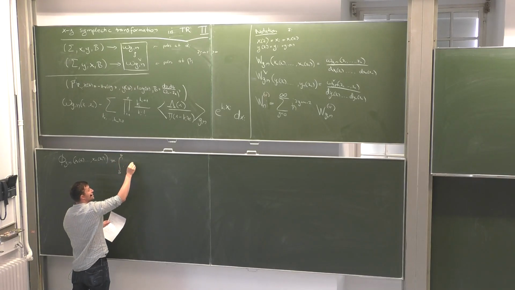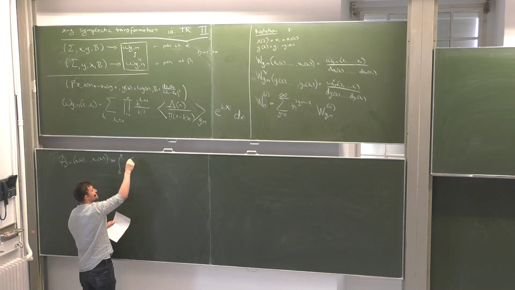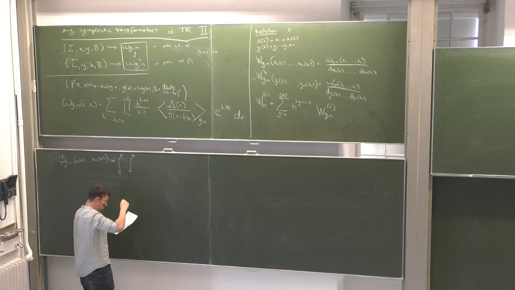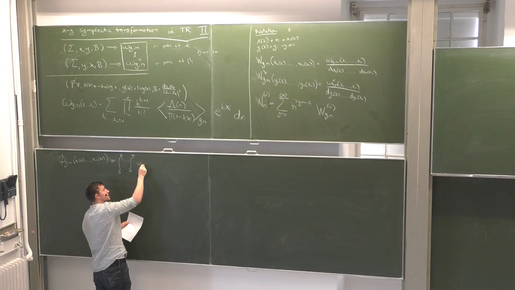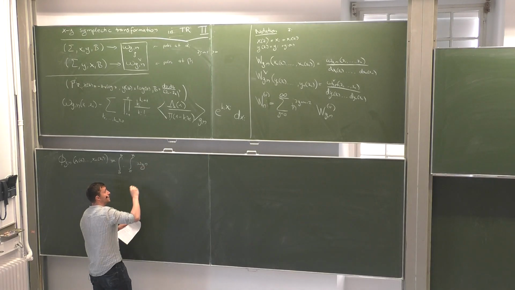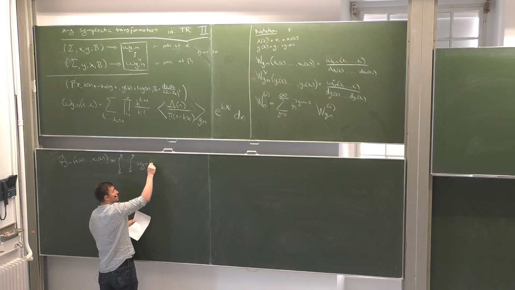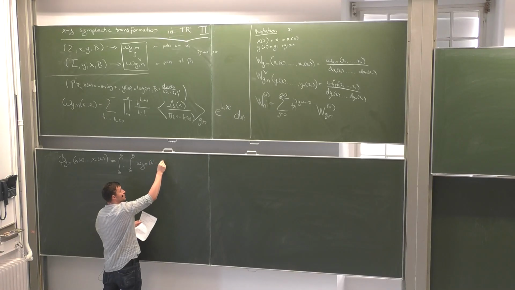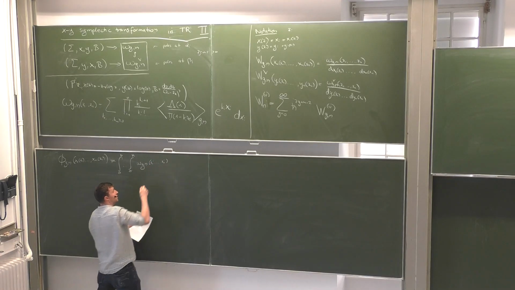This base point is not important at the end, so I can choose it to be the same. Omega_{g,n}(z1', up to zn').